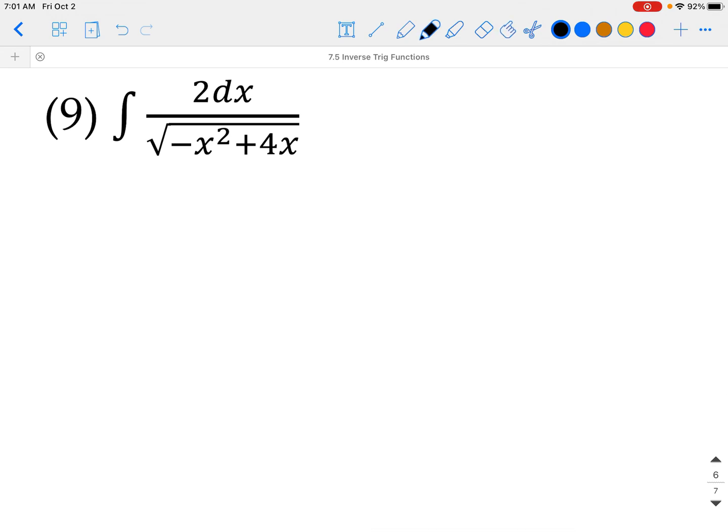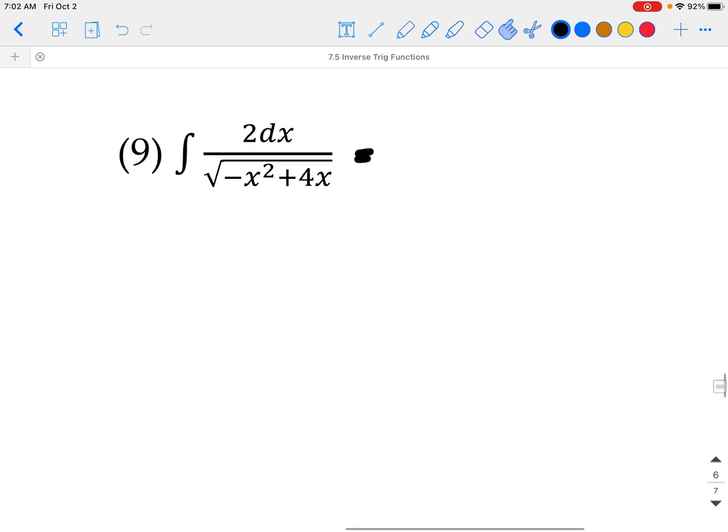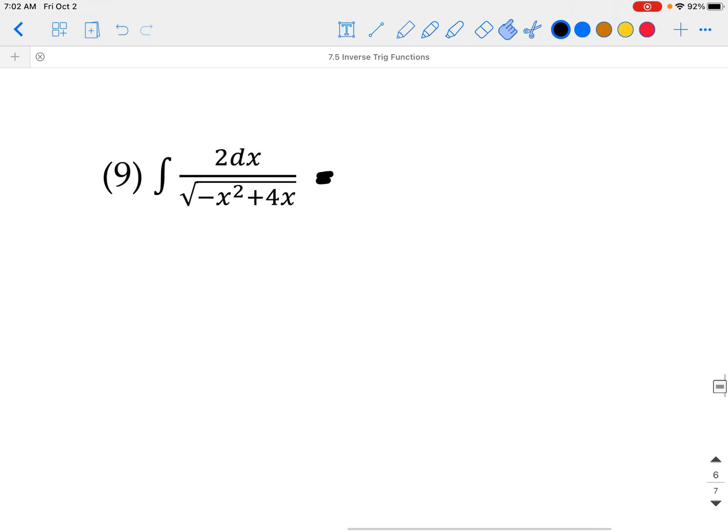So again, we can try a u sub, but we'll run into an issue of having an x in our derivative expression that can't be substituted. So what we're going to want to do is complete the square inside the radical here. So let me zoom out a little bit.